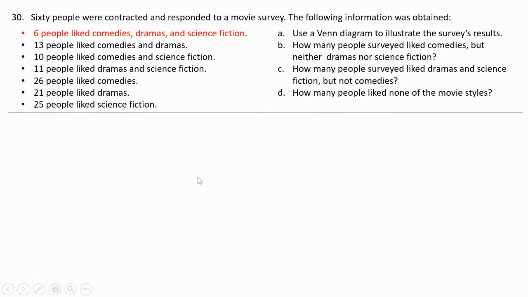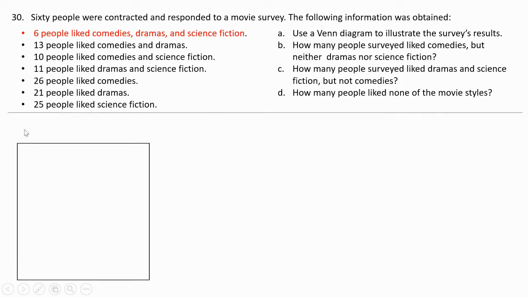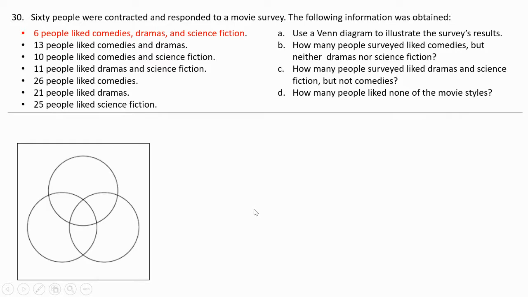Okay, so here's how you start. You start with the universal set. What's the universal set? It's going to be 60, because 60 is the number of people being considered. So there are my 3 sets, and U equals 60.